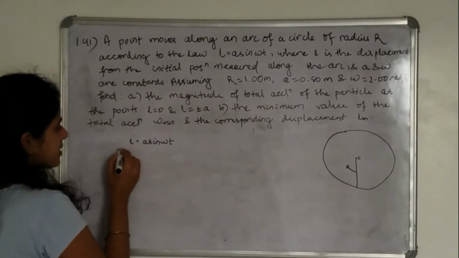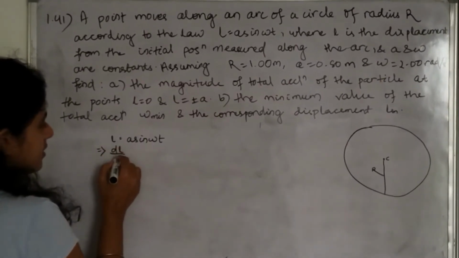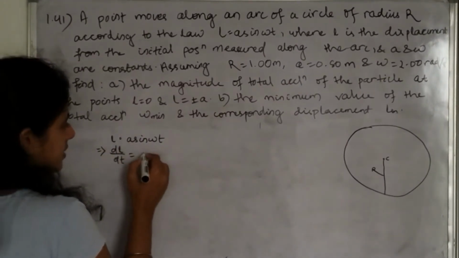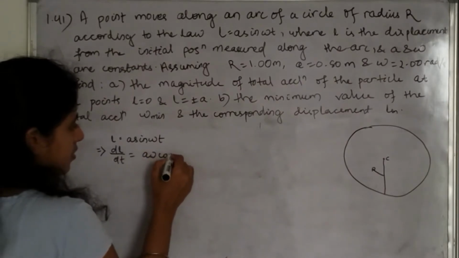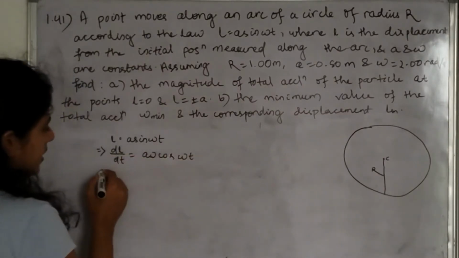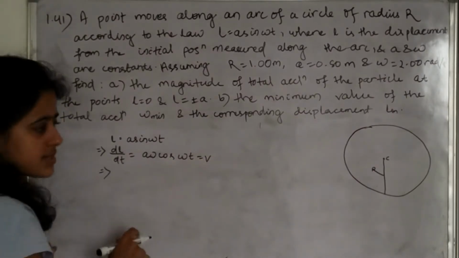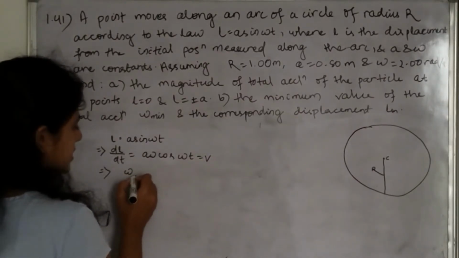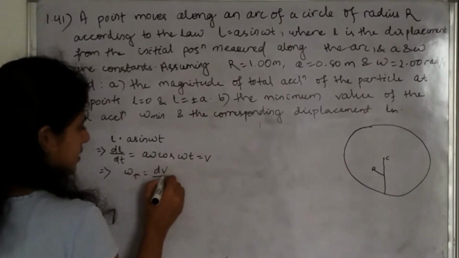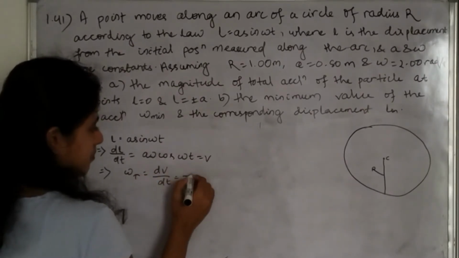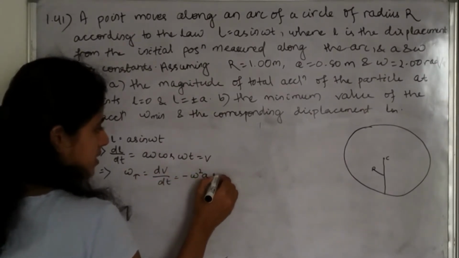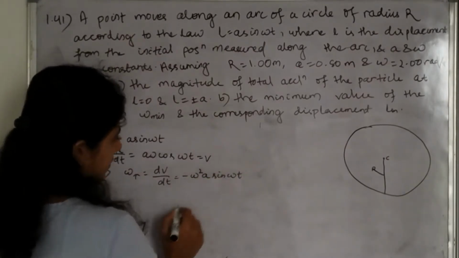By differentiating this displacement, we can find the velocity, that is a omega cos omega t. Again, by differentiating this velocity, we can find the tangential acceleration. So tangential acceleration is dv by dt, minus omega square a sin omega t.